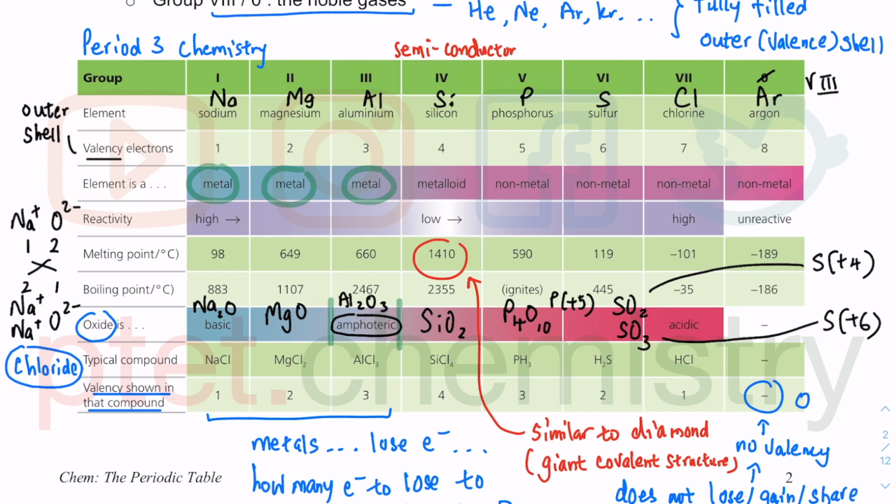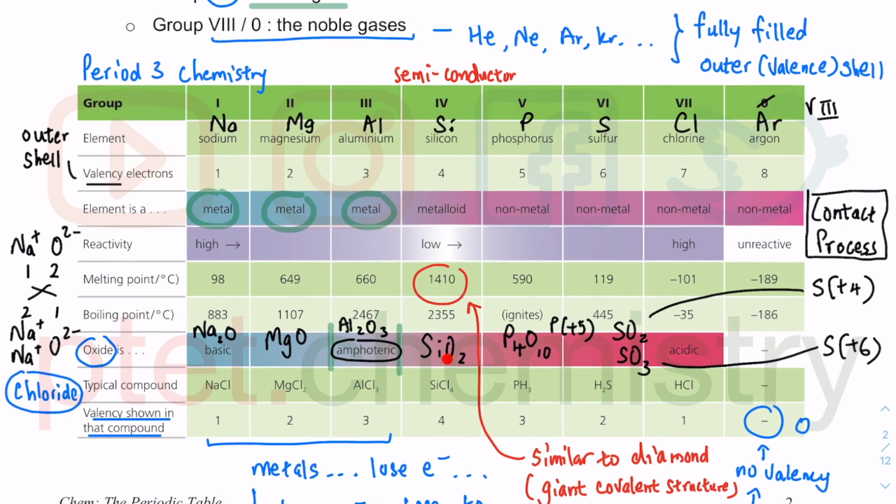SO2 going to SO3 is part of the contact process under the equilibrium topic as part of the case study. One of the most famous case studies is the contact process, SO2 plus O2 in a reversible reaction in equilibrium with SO3. The oxide of chlorine is also acidic. These are all non-metal oxides. Non-metal oxides are acidic. Metallic oxides are basic. Apart from this Al2O3, which is amphoteric.